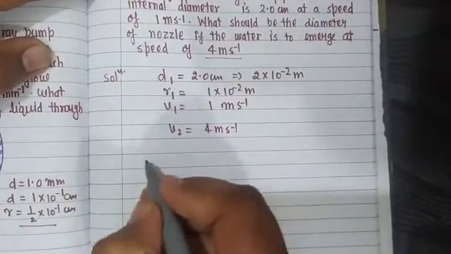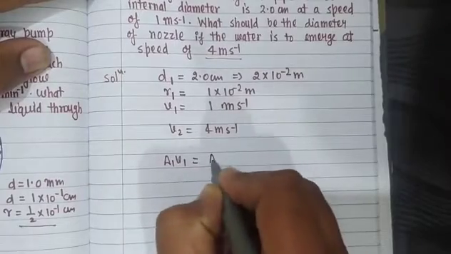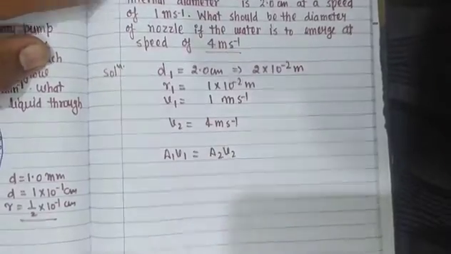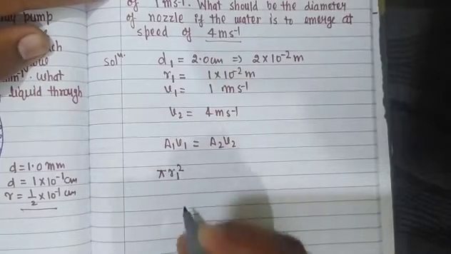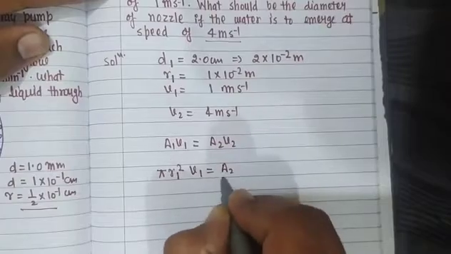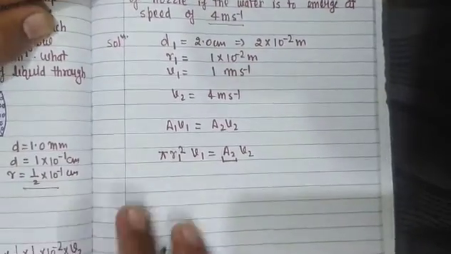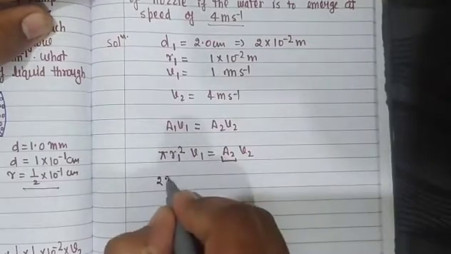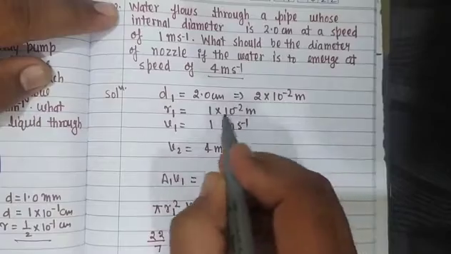According to the continuity equation, A1 V1 will be equal to A2 V2. Here A1 will be pi R1 square multiplied by V1 is equal to A2. We have to calculate A2 multiplied by V2. Now put the values. It will be 22 over 7 multiplied by R1 is 10 raised to the power minus 2.